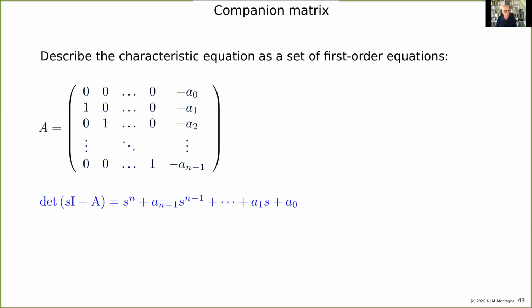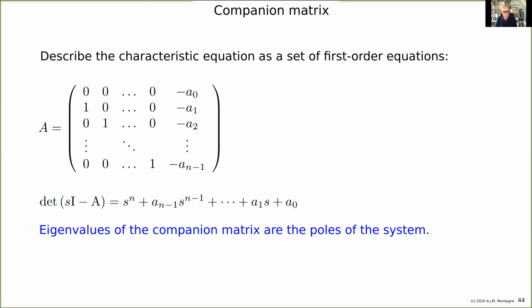And the property then is that the determinant of sI minus the companion matrix is the characteristic equation, and solutions of this are called the poles. So the eigenvalues of the companion matrix are the poles of the system. That's important. So there you recognize what we call the generalized eigenvalue problem from mathematics.